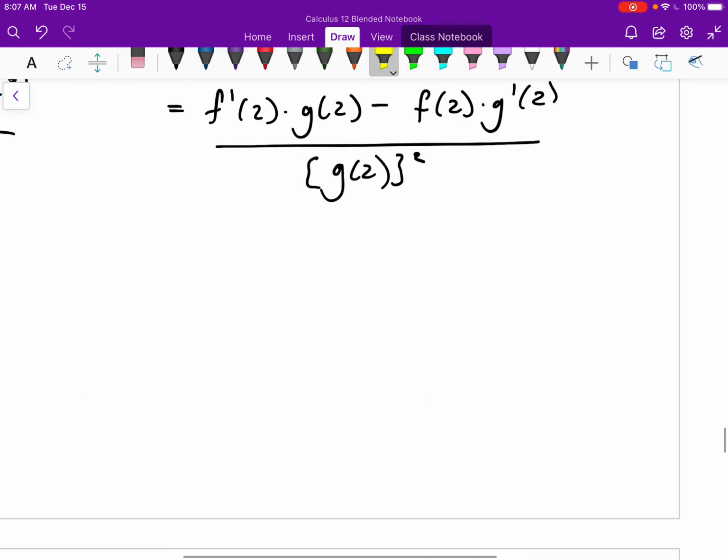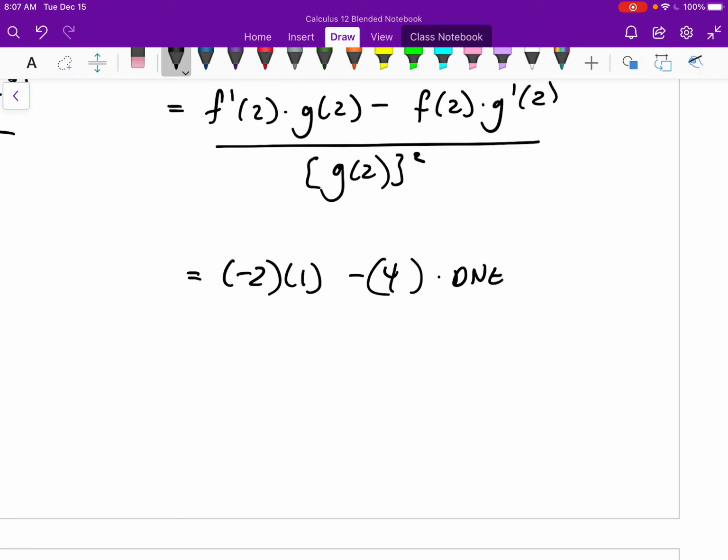Well, let me write some of this out. In this case, we would have, I can do most of it. Negative 2 times 1 minus 4 times does not exist. At this point, there's no point even going on, because once I realize one of my values does not exist, that means this does not exist. So once I realize that, that means I prime at 2 does not exist.